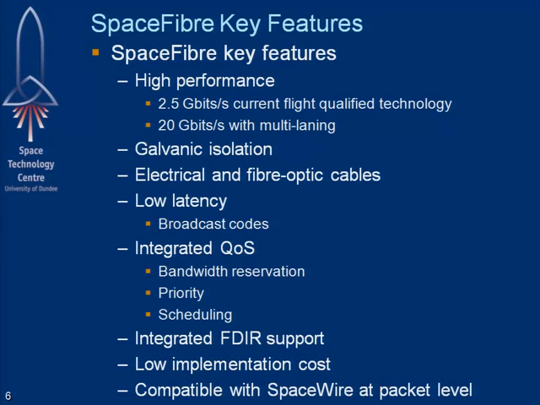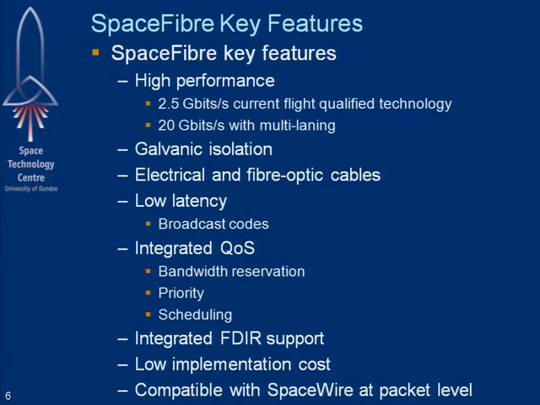SpaceFibre provides galvanic isolation. It can run over both electrical and fiber optic cables, so it's not just limited to fiber optics, but over shorter distances it can run over electrical cables as well. It provides very low latency broadcast codes for signaling across the network. It has integrated quality of service, so we provide bandwidth reservation, priority, and scheduling integrated within the hardware.